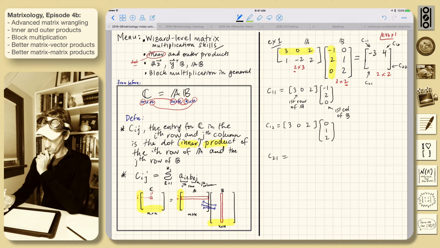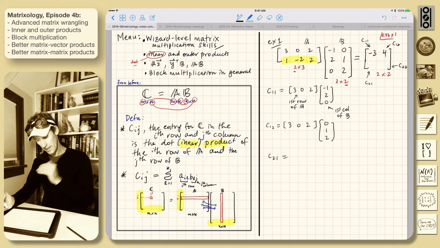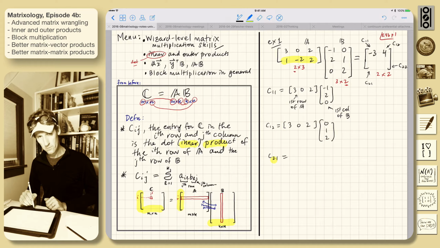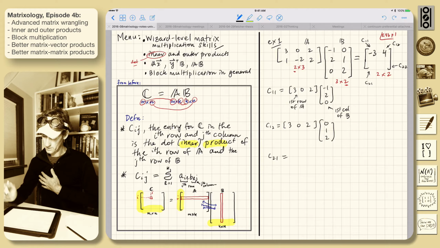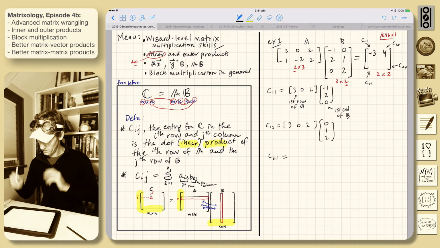C21, which is in here, and C22 is down here. For C21 we're taking the second row, and a dot product with the first column gives us C21, and then the dot product with the second column gives us C22. Let's write it out.